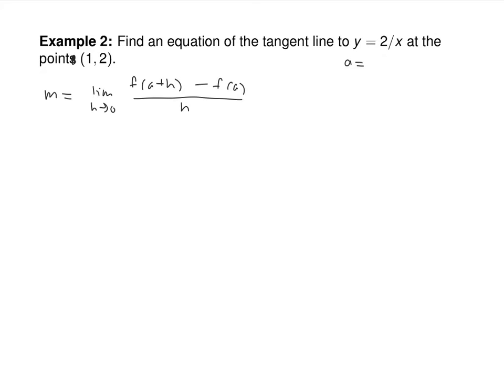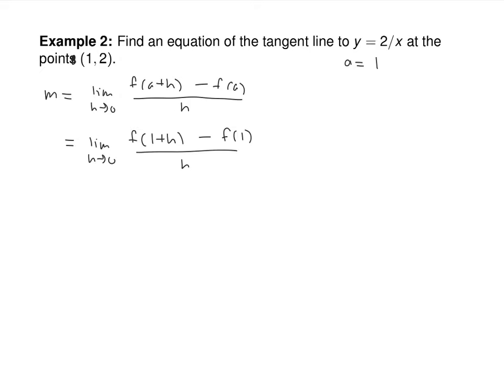So what is a equal to for this example? 1. Good. So this will be limit h goes to 0, f of 1 plus h minus f of 1 over h. Is that okay?